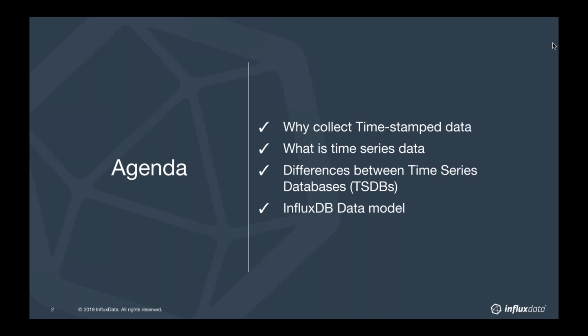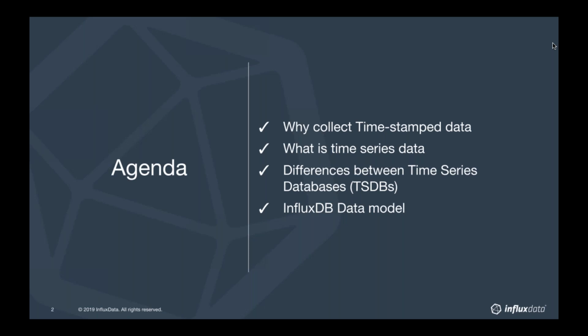So today we're going to talk about what timestamp data is and why you might find it useful in your day-to-day jobs, and also what are the different ways that you can store that collected timestamp data. And we'll discuss the different types of tools that people have been using for many years, your typical relational type databases, maybe your search databases, and then we'll go specifically into what a time series database is.